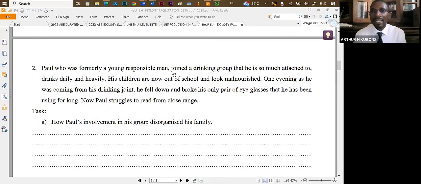Lastly, Magari. Then we close. Okay, sir, I have a question. How can you help this Paul to correct long-sightedness without these glasses?